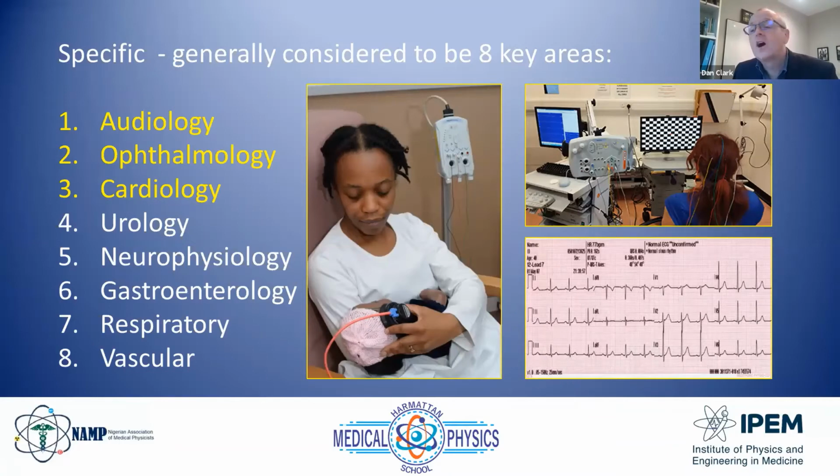These 8 are audiology, making measurements on the ear; ophthalmology for the eyes; cardiology, the heart; urology or urodynamics, the kidneys and bladder; neurophysiology, making measurements on the brain; gastroenterology, the stomach and digestive system; respiratory, how we breathe; and then how blood moves around the whole body, vascular.